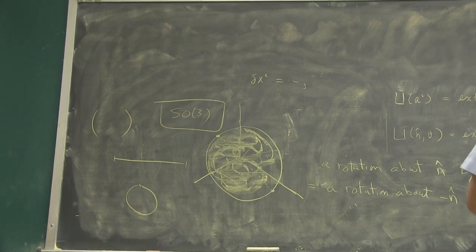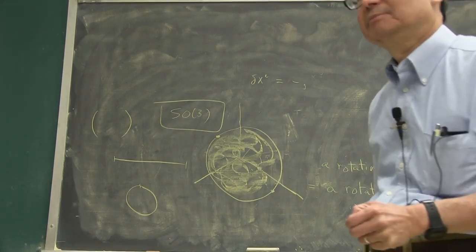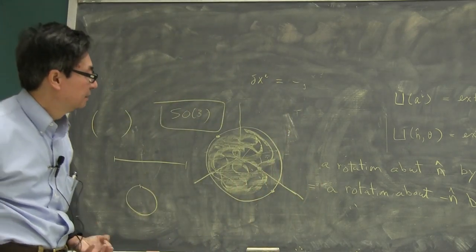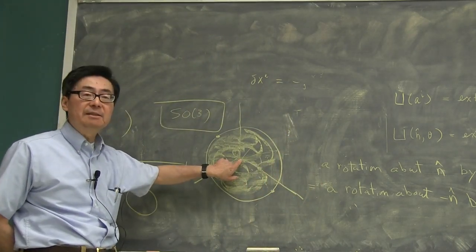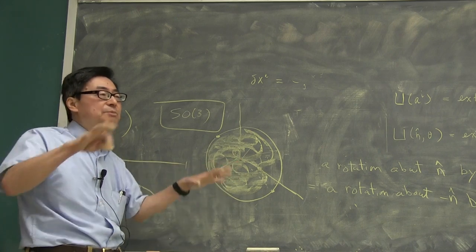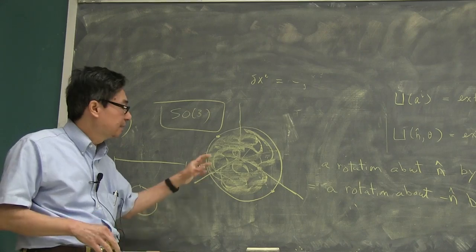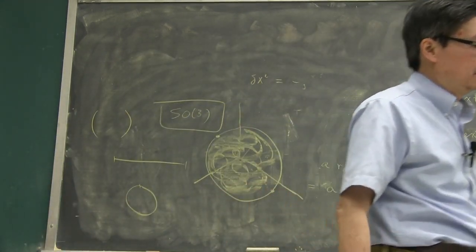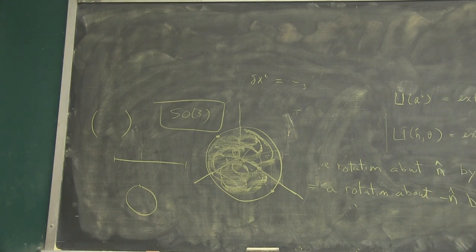Which tangent space? Because each point has a different tangent space. The Lie algebra is, in fact, exactly the tangent space at the identity of the Lie group. That's why it's the Lie algebra. Things living in the Lie algebra contain infinitesimal transformations.